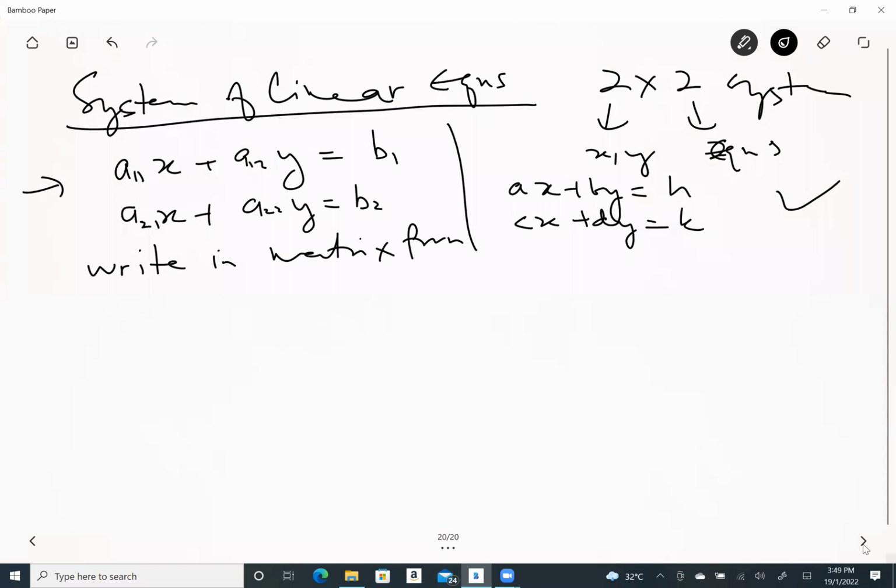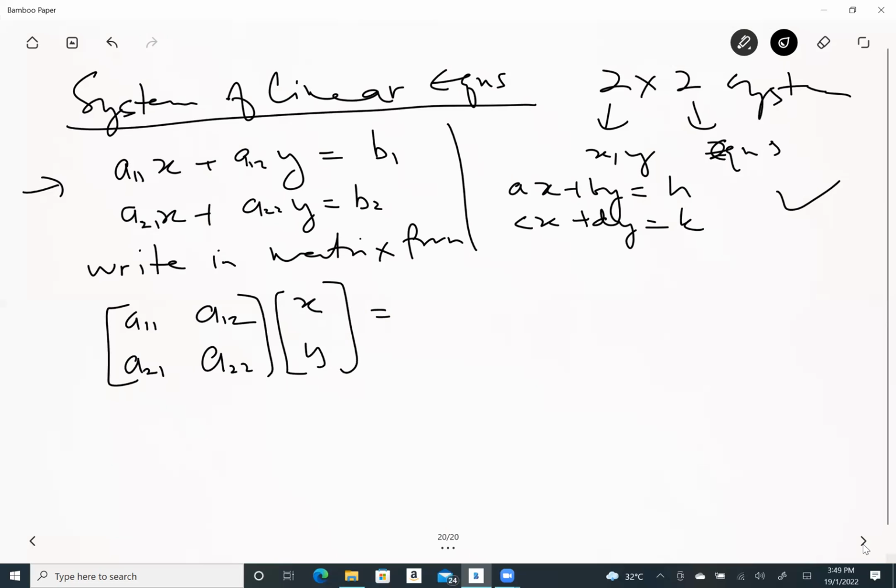So what you do, the constants, the coefficient, you put in one matrix, the variables in one matrix. So I have A11, A12, A21, A22, multiplied to the matrix X, Y, equal to B1, B2.